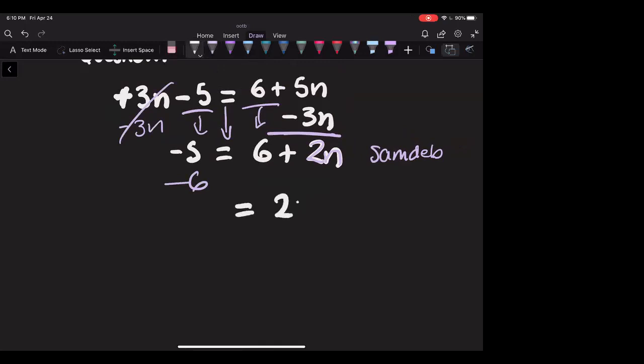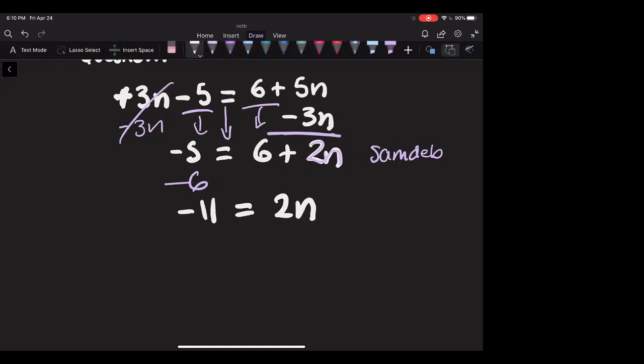So that's 2n. What's negative 5 minus 6? I forgot. Oh, yeah, 11. Negative or positive? Negative 11.